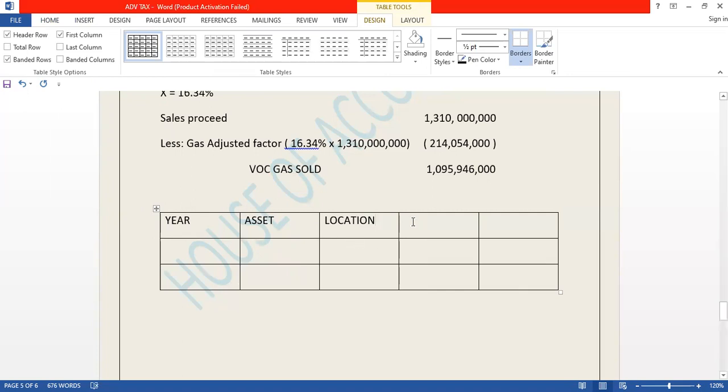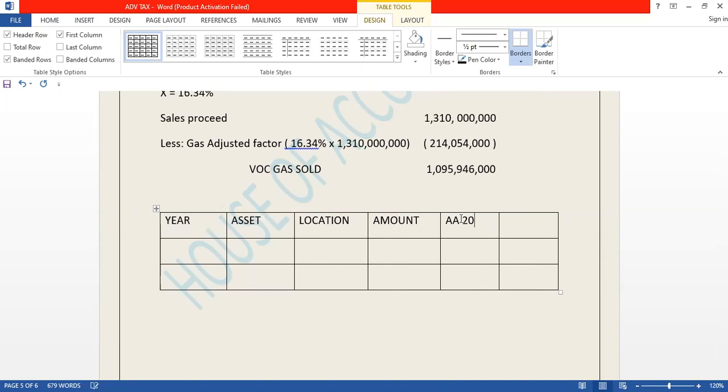Then also, after the location, we can have the amount of the assets, and we can have the depreciation, the annual allowance at 20%, as I've said. Then we have the PIA at 5%, as I've explained.